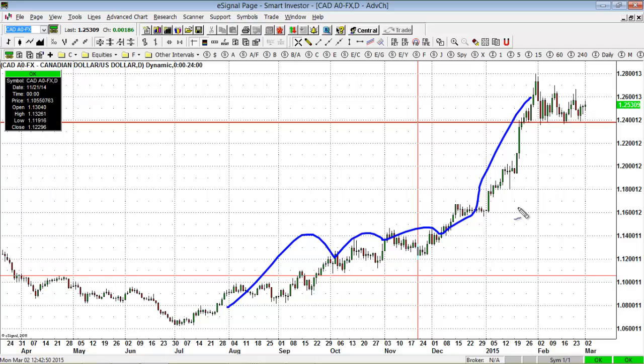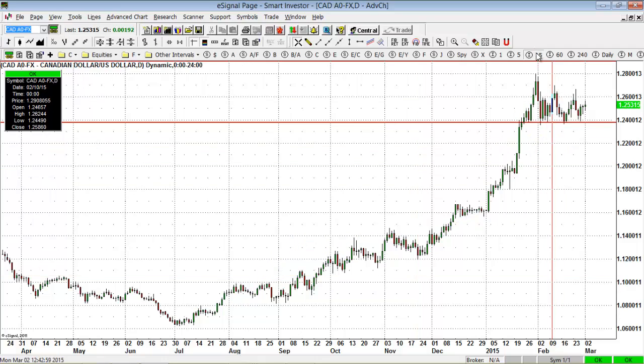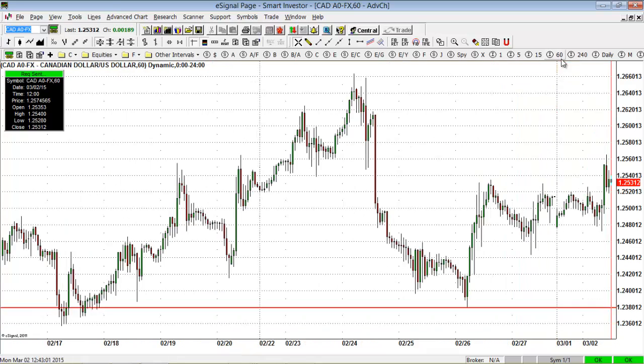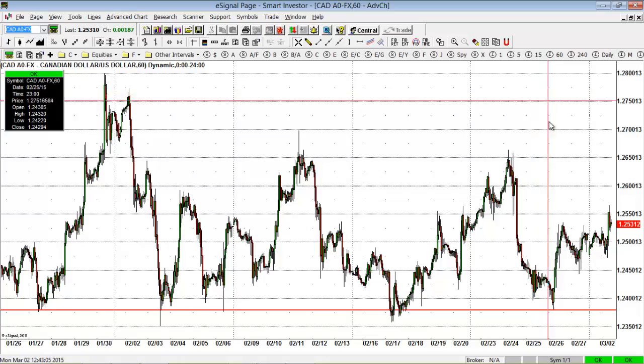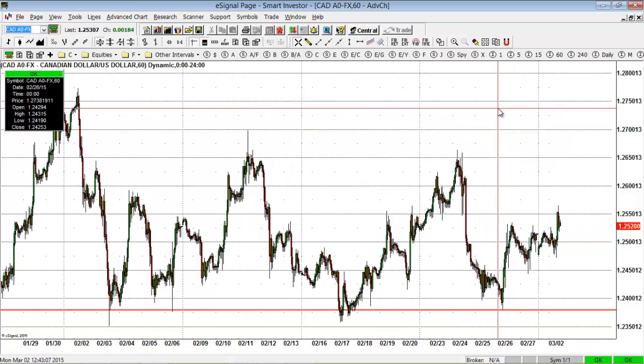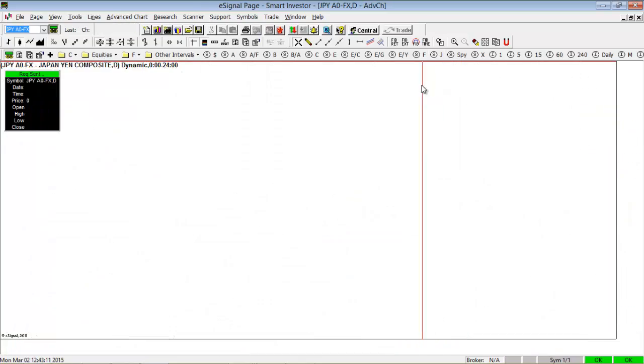So what you're doing is trading with the trend on the Canadian dollar when you are trading this support level. Okay, so that is a look at a trading opportunity in the Canadian dollar.